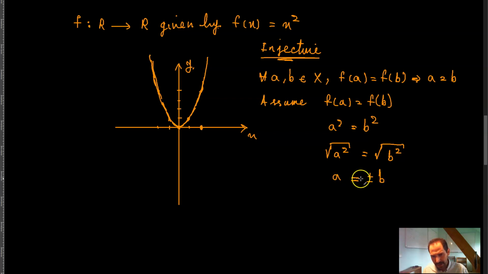And since a is not only equal to b but also equal to negative b, therefore f is not injective. F is not injective.